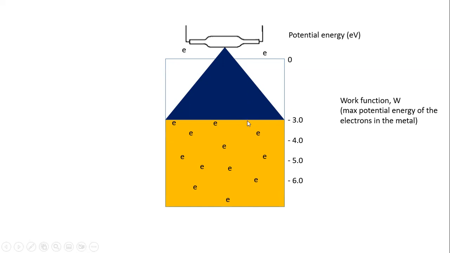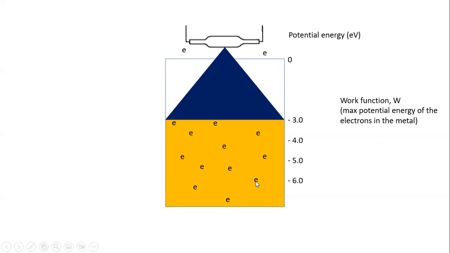You see, if the electron has, in this case, a maximum potential energy of 3 electron volts, then it requires a minimum amount of energy to come out. If another electron has 4 electron volts of potential energy, this electron requires more energy to come out.